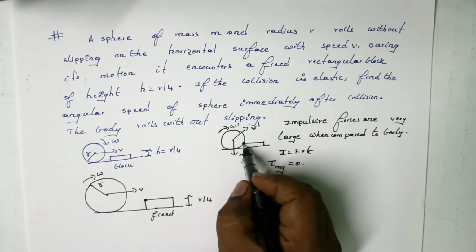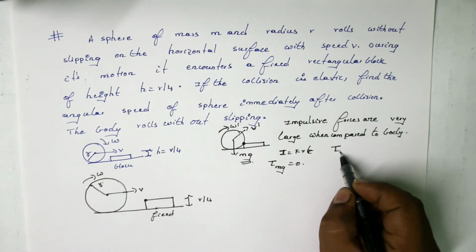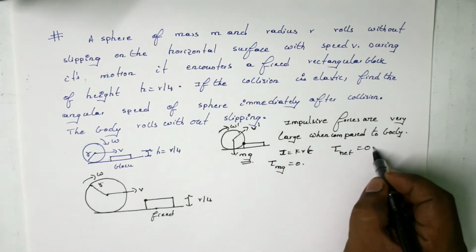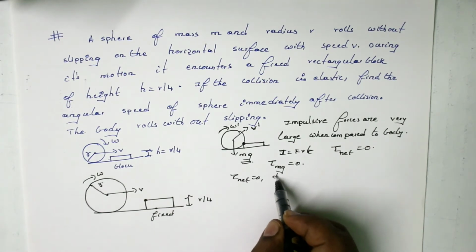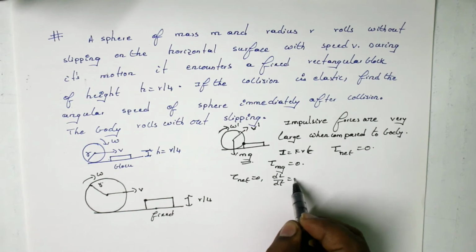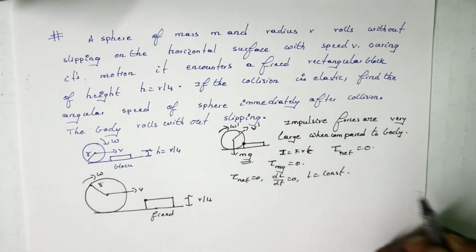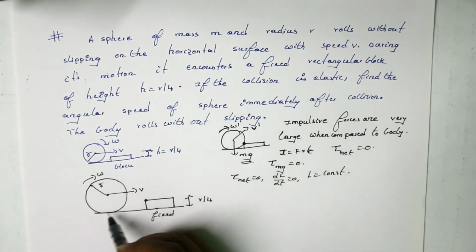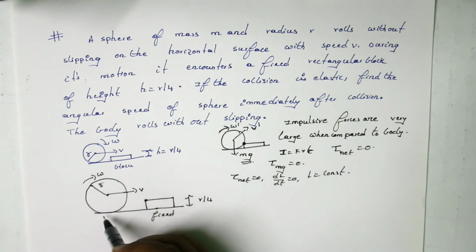Now on the axis of rotation, the total torque acting is 0. So the net torque acting about the axis of rotation will become 0. If the net torque acting is 0, then I can say dL by dt is also 0, or L is a constant, or I can say angular momentum should be constant. Now for this sphere, angular momentum is because of two motions.